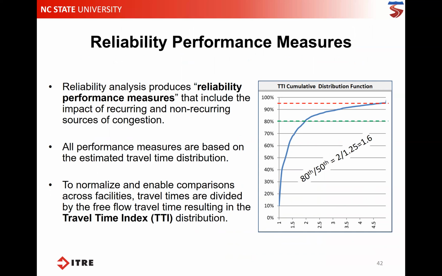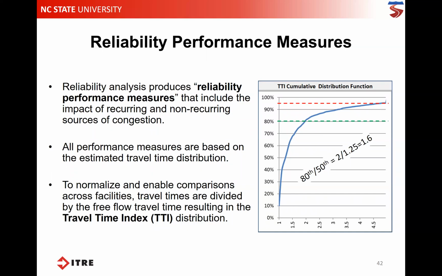Here is an example of a cumulative distribution function, which shows you the 80th percentile, the 90th percentile. Typically, the way we express travel time is not as absolute travel time, but as the travel time index, which is the ratio of facility travel time in any 15-minute period divided by the free-flow travel time.